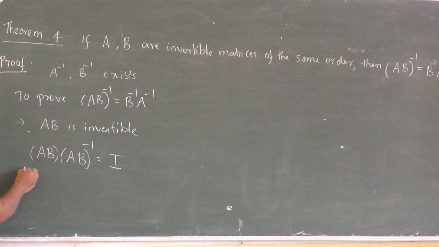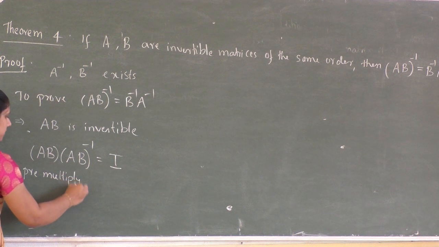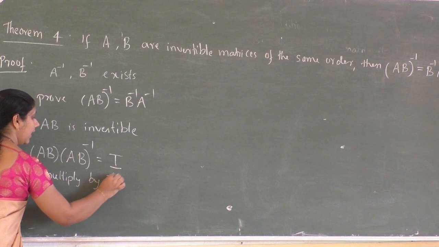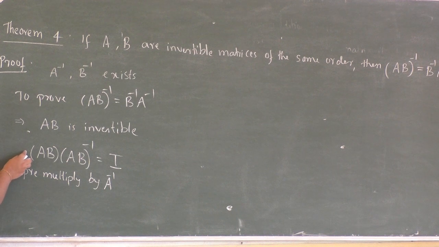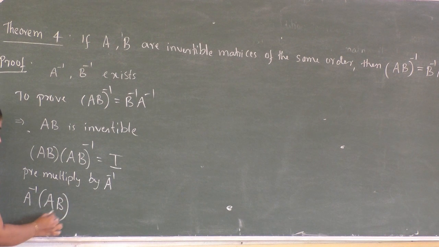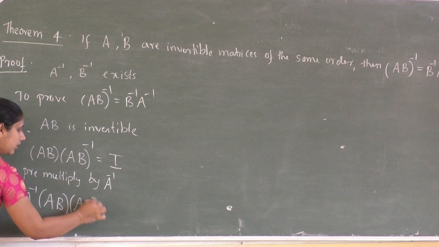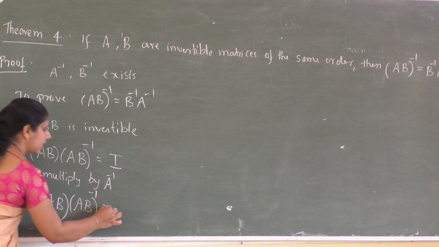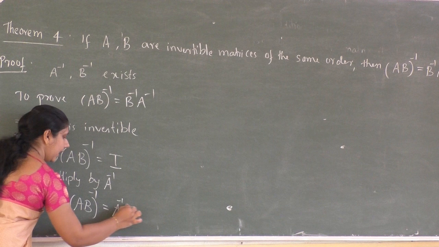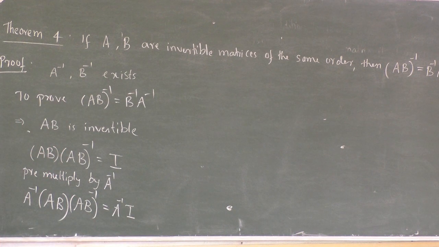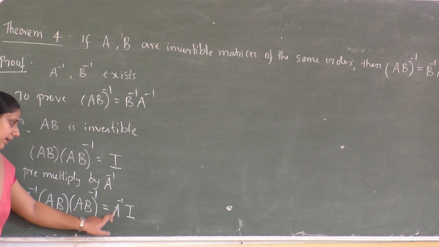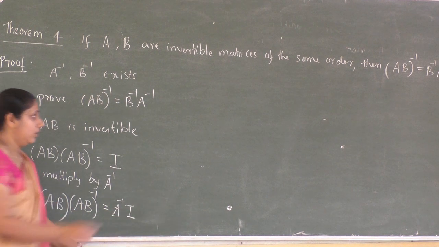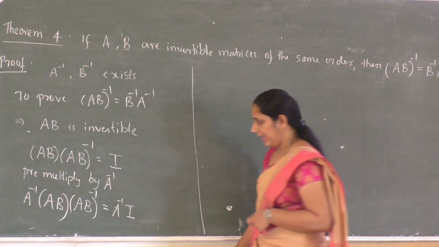Now we will pre-multiply the above equation by A inverse. That's why we have to write A inverse on the left side. That is A inverse into AB into (AB) whole inverse is equal to A inverse into I. Now already we know that B into I is B. So A inverse into matrix I is A inverse.